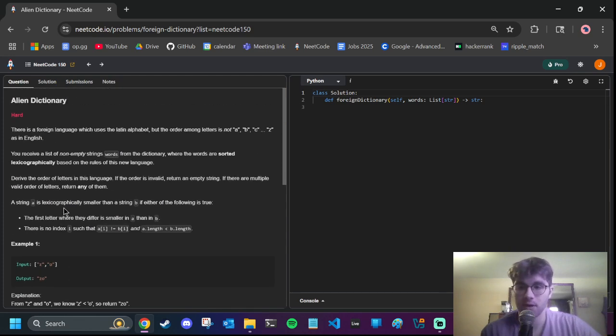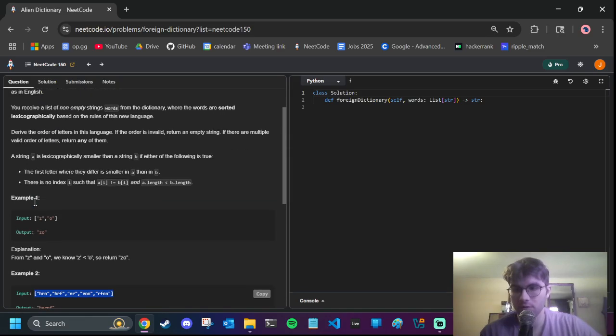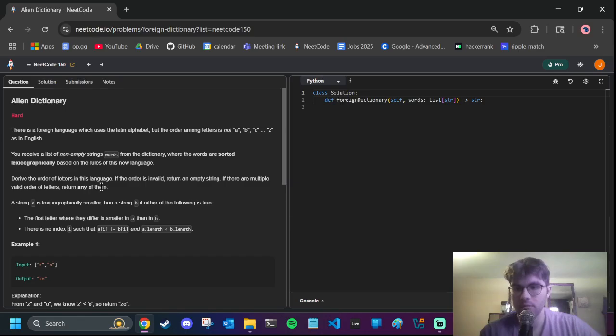We have to return any valid order of the letters that have appeared. There could be multiple answers, and we can return any one of them. So we don't have to return all of them, which is nice. Yeah, so that's the gist of it. And also just something to keep in mind, it also could be impossible. So if it is impossible, then we need to return an empty string.